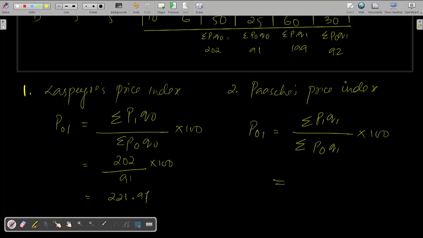So here P1 Q1 is 199 and P0 Q1 is 92, into 100. If you multiply and divide, you will get 216.30. So this is the answer for Paasche's and this is the answer for Laspeyres. This is how we calculate Laspeyres price index and Paasche's price index.